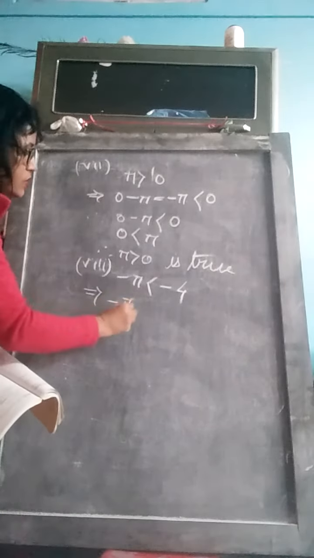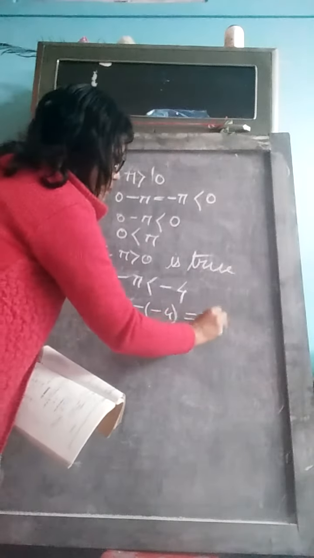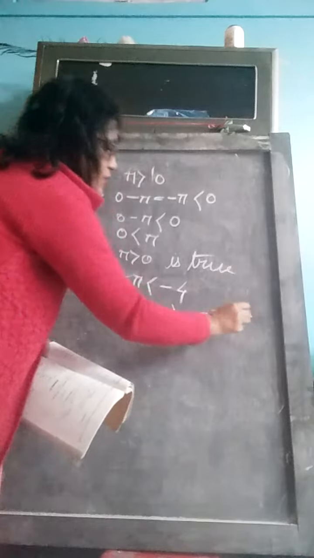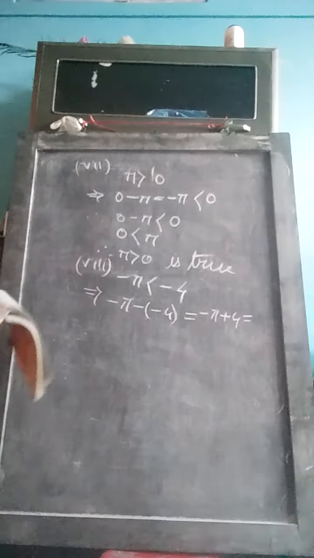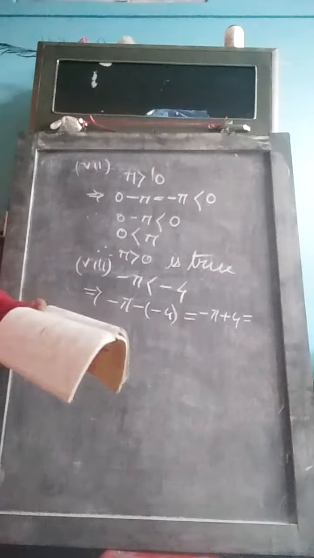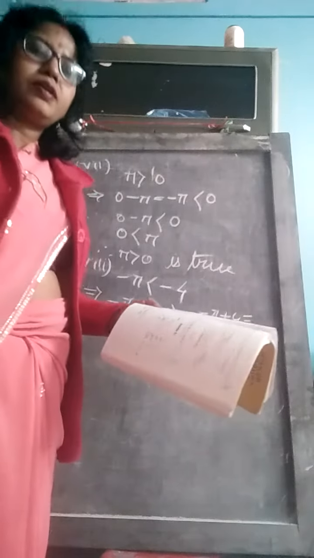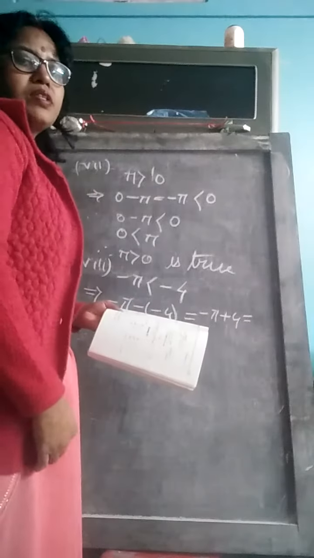This implies minus pi minus minus 4 equals minus pi plus 4, equal to what? Is it positive or negative? Do you know the value of pi? The value of pi is 3.1416.